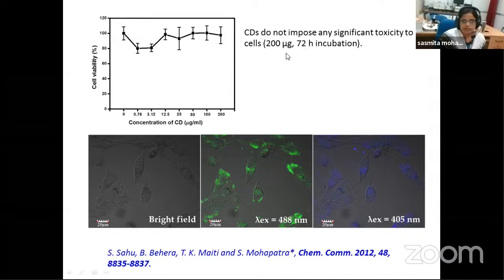That was done in MG63 cells, and as you can see here, the interesting fact is that when we excite it at 488 nanometer, bright green color comes. When we changed our excitation wavelength, it was bright blue color. This work was published in collaboration with Professor T.K. Maiti from IIT Kharagpur, in ChemComm.